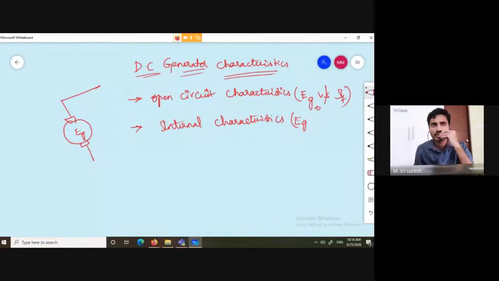EG. What is the current flowing in the armature? It is nothing but IA. If you draw EG versus IA, it represents the internal characteristics. Why? Because these are the internal parameters of an armature.